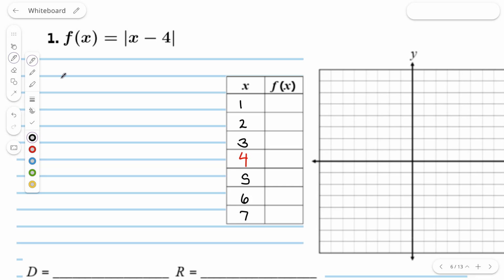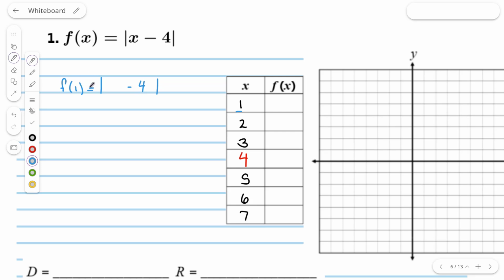And I am going to, one at a time, replace my x value with that into the function. So f of x is equal to the absolute value of the number I'm plugging in minus 4. Each time I'm going to replace x with one of my new numbers.